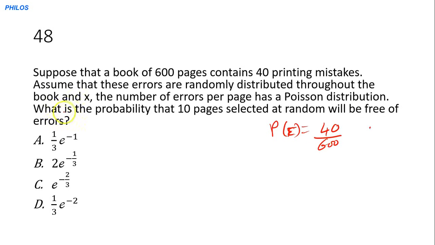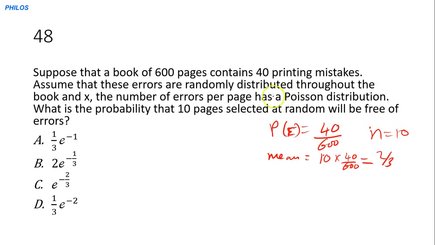And also, the question says, what is the probability that 10 pages selected at random will be free of errors? So n is 10. So since n is 10, we can find the mean. Mean will be n, which is 10, times p, which is 40 over 600. And that will give us 2 over 3.